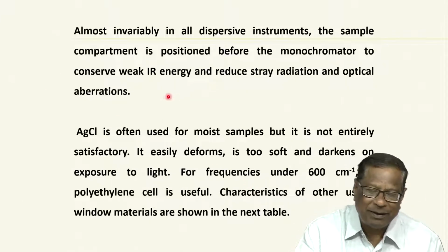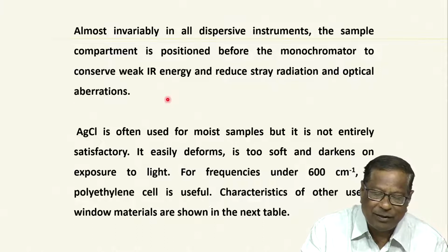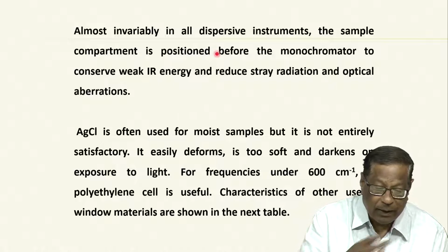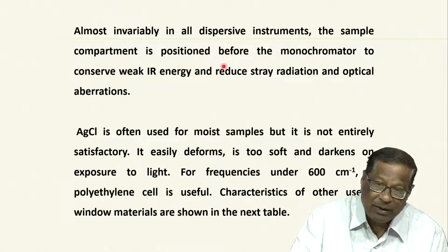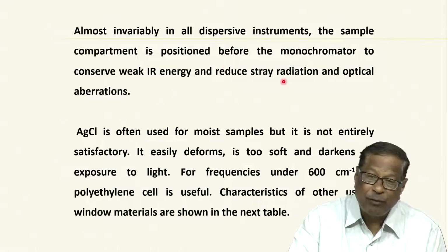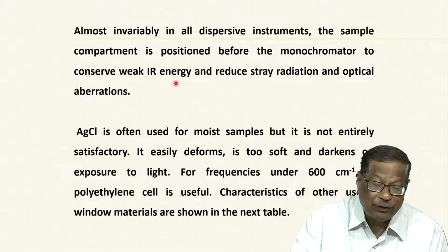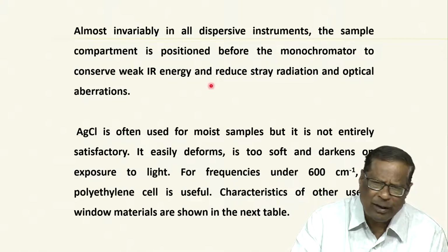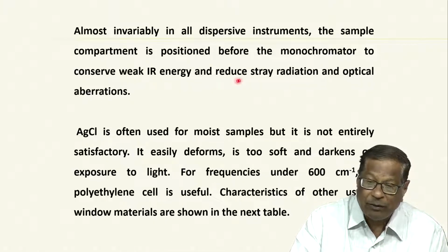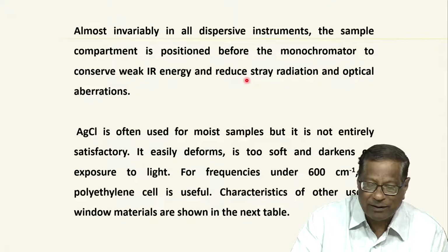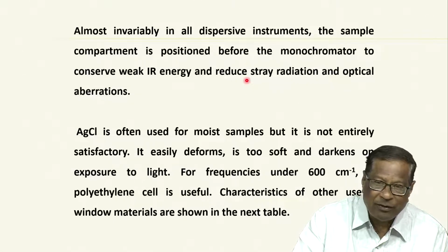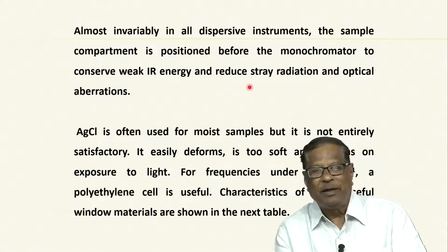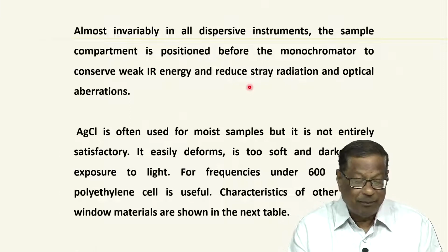This is one major difference between IR instrumentation and spectrophotometry, you can say. The sample compartment is positioned before the monochromator to conserve the IR energy, which is weak compared to the UV and visible range, but also it will reduce the stray radiation, and optical aberrations also become less because all the IR radiation is falling on the infrared sample.